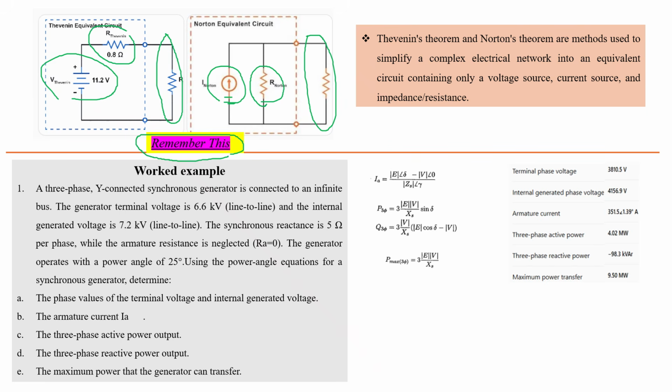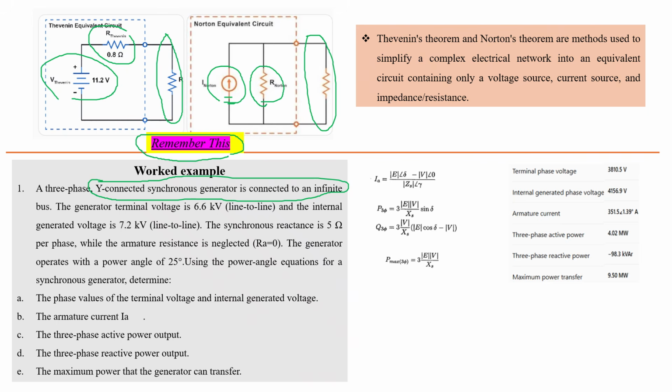So let us see one simple example on generator representation and power output calculation. For example, consider a three-phase Y-connected synchronous generator connected to an infinite bus. This is a three-phase generator connected to a single bus.